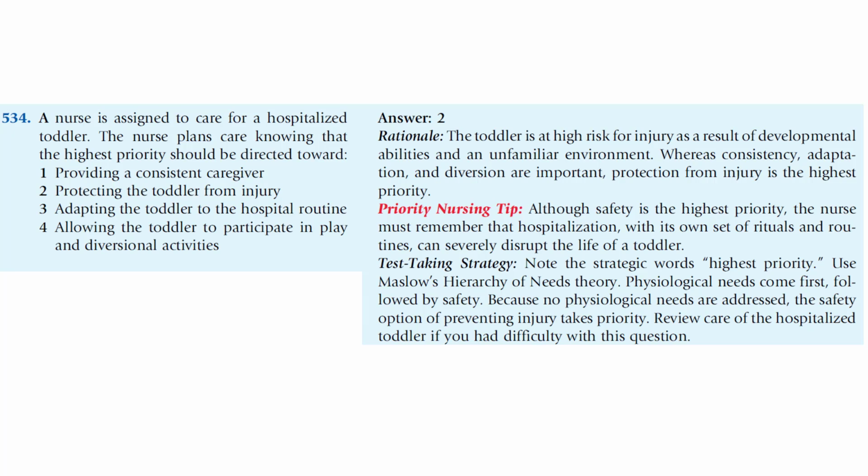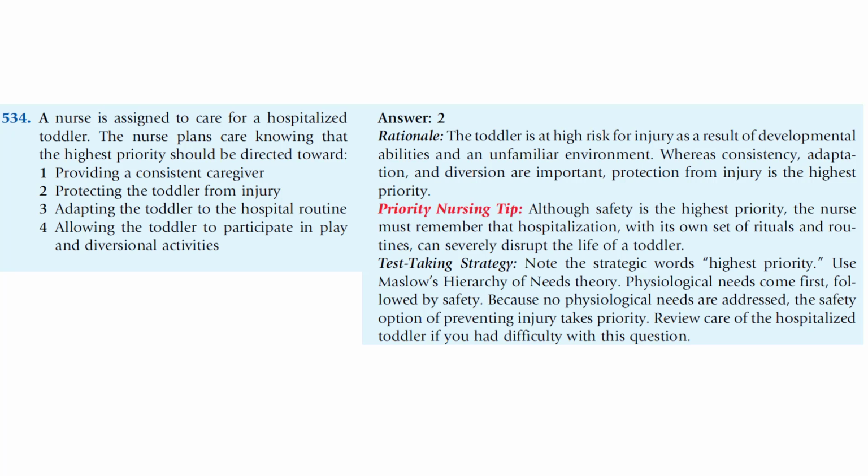534. A nurse is assigned to care for a hospitalized toddler. The nurse plans care knowing that the highest priority should be directed toward 1. Providing a consistent caregiver. 2. Protecting the toddler from injury. 3. Adapting the toddler to the hospital routine. 4.